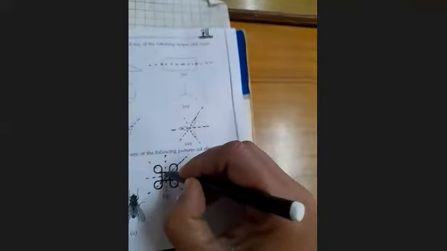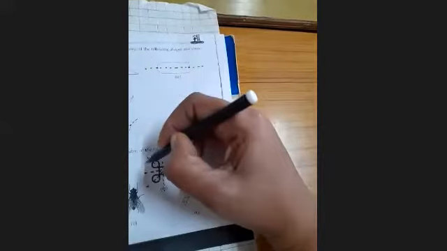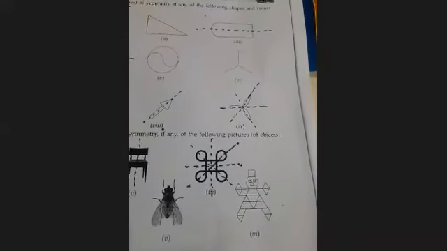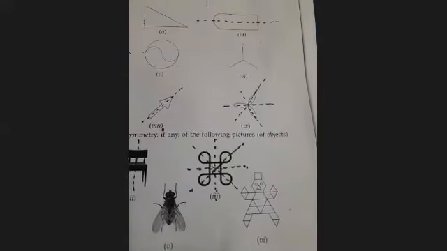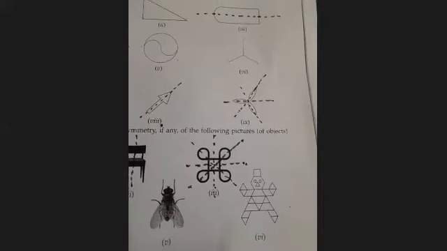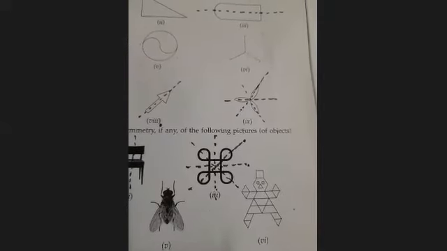Now count these lines. First, second, third, and fourth. So this figure has four lines of symmetry: a horizontal line, a vertical line, and two diagonals.